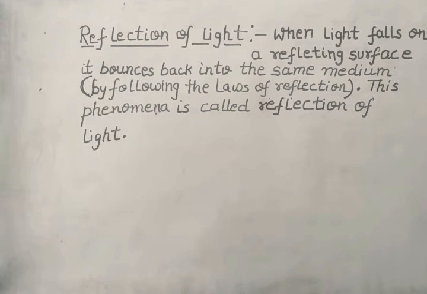So every surface which we are able to see is a reflecting surface. When light falls on a reflecting surface, it bounces back into the same medium by following the laws of reflection, because otherwise this statement says it can go in any manner, but no, there are some rules for that. This phenomenon is called reflection of light.